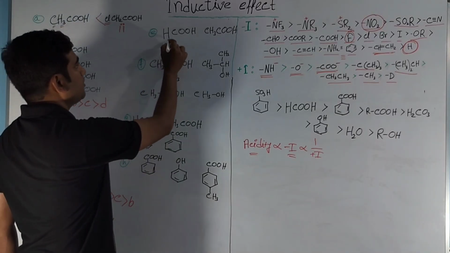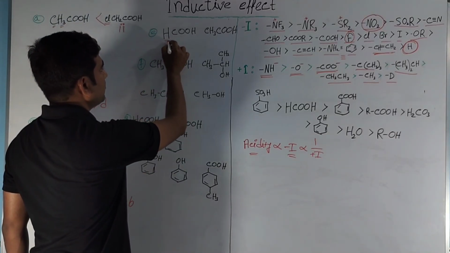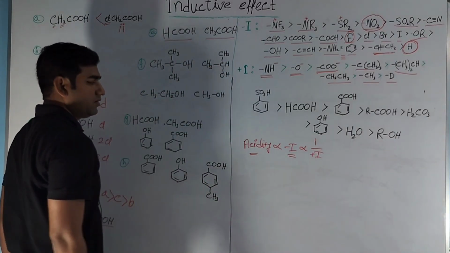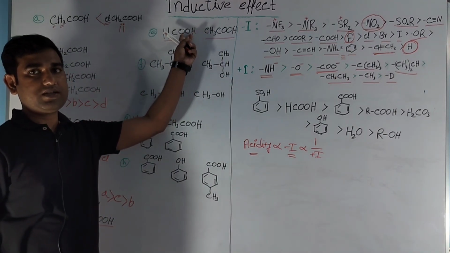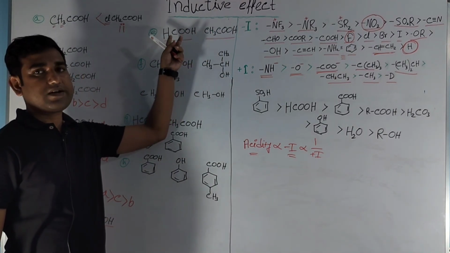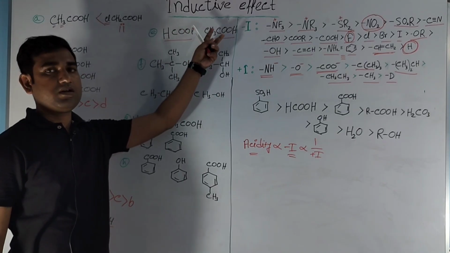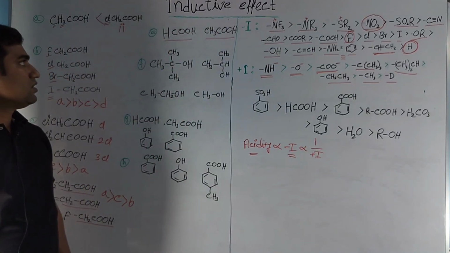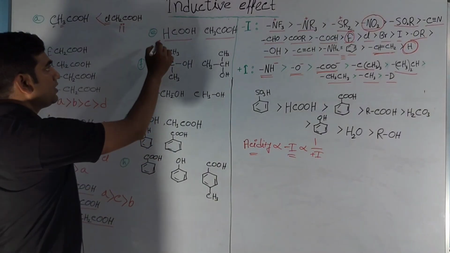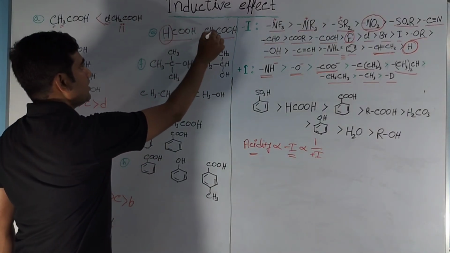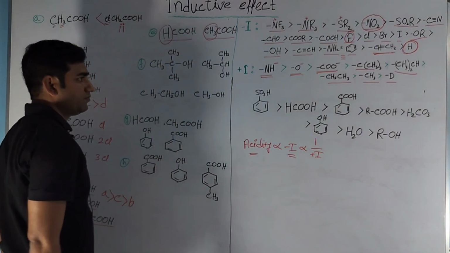Here, formic acid and acetic acid, methanoic acid and ethanoic acid. IUPAC names are methanoic acid and ethanoic acid; trivial names are formic acid and acetic acid. Here one hydrogen is there, here one methyl is there.